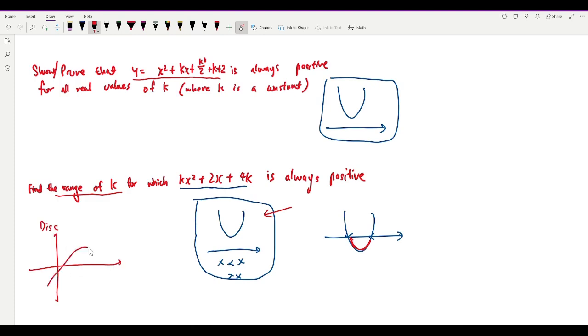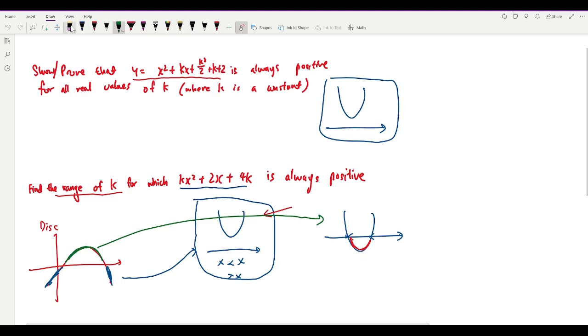There's a portion that will be below zero. This will be the portion that shows your original curve has no real roots. If you look at the positive portion of your discriminant, that would indicate the second scenario where your original graph has two real roots and a part of it is below the x-axis, which makes it negative.